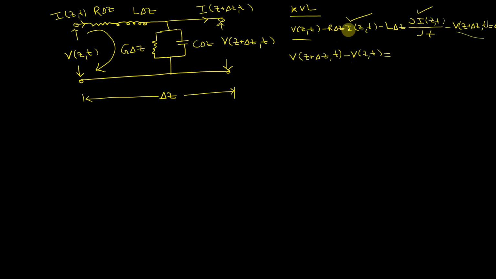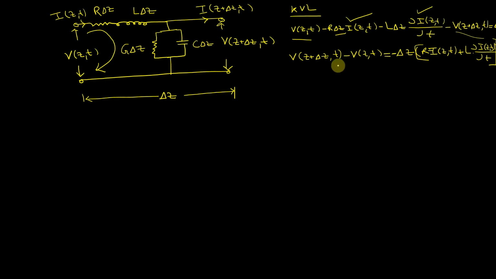Taking delta Z common from these two terms, we get a minus outside, and R into I(z,t) plus L curl I(z,t) divided by curl T. The bracket is a big one.